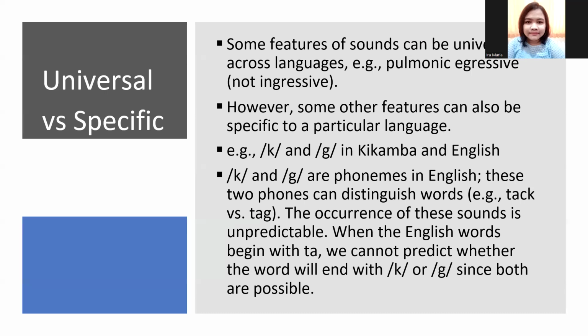In contrast, we also have ingressive. The pulmonic ingressive airstream is where the air is sucked into the vocal tract. So you're not pushing the air out from your vocal tract, but you inhale the air into your vocal tract, which is much less common in the world's languages.